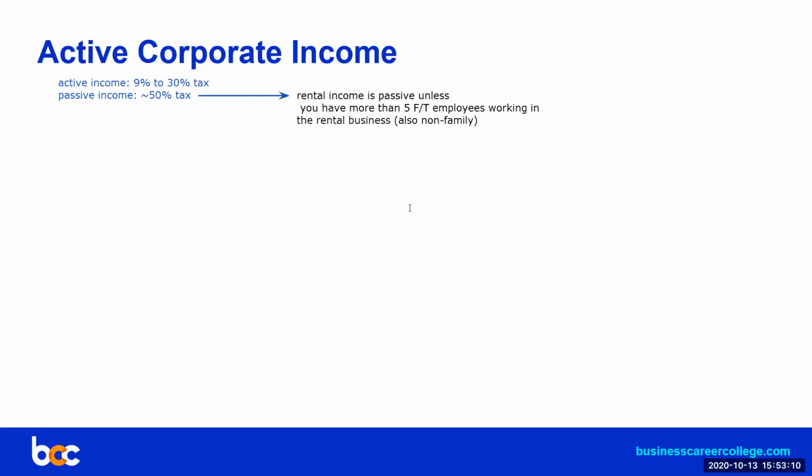So how big does your rental empire have to be to convert your rental income from passive into active? You're not doing that for 7 units, are you? Yeah, how many rental units would you have to have, Melanie, before you hire 6 people? 6 full-time people. Okay.